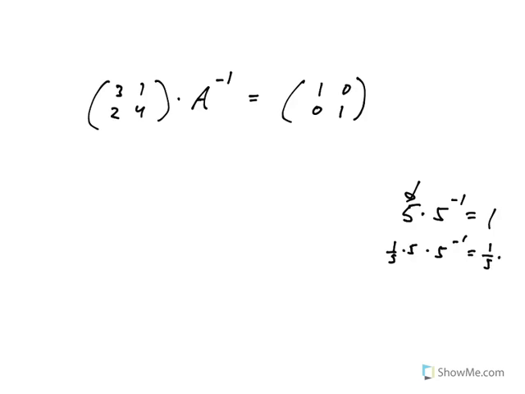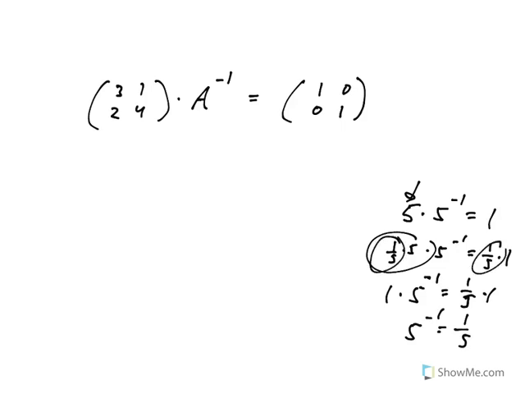Multiply the right side by 1/5 also. This turns into 1 times 5 inverse, or just the inverse of 5. Now this seems really unnecessary and circular because it seems like I have to know the inverse in order to calculate the inverse. So maybe that's not the best analogy.